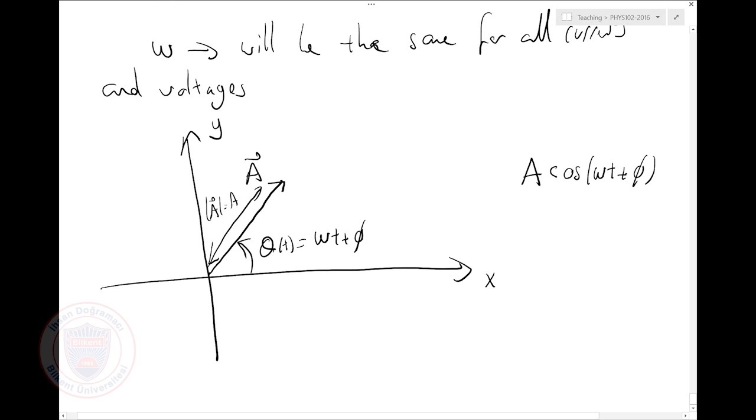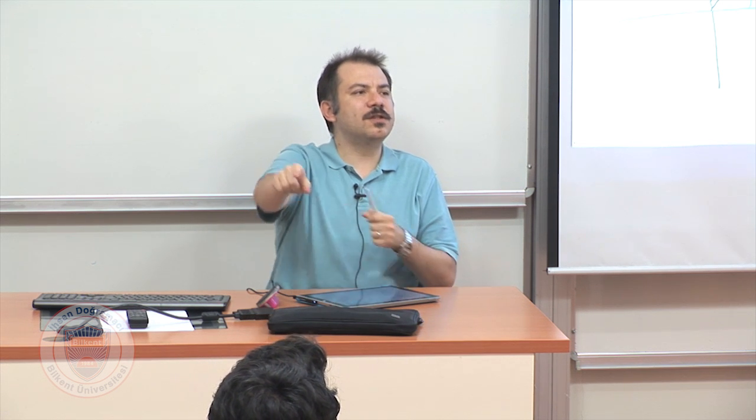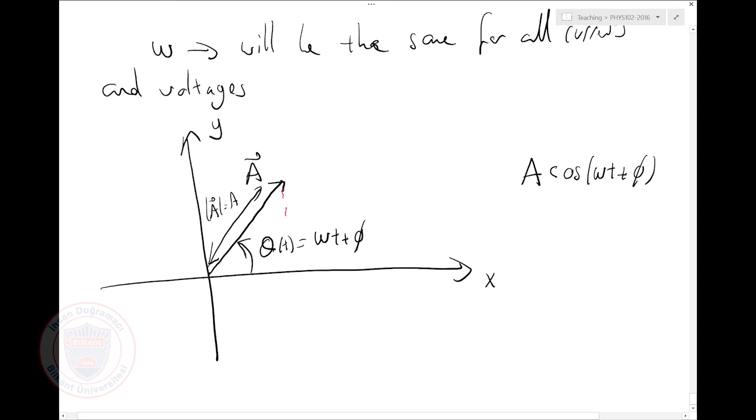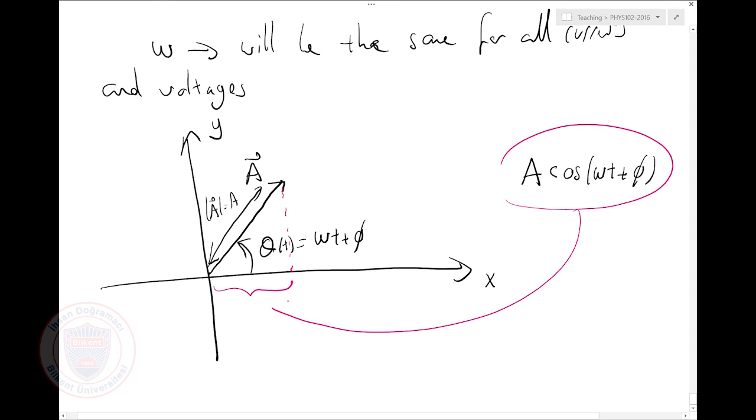So for each current or voltage, instead of thinking about the sinusoid, I'm going to think of this vector in some abstract xy space. The x component will be exactly A cosine(omega t plus phi).